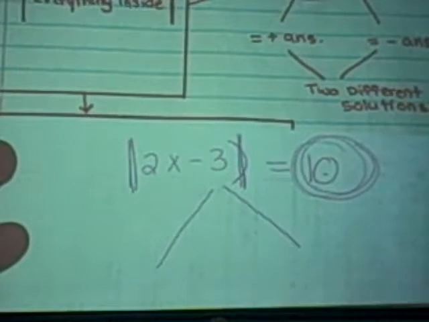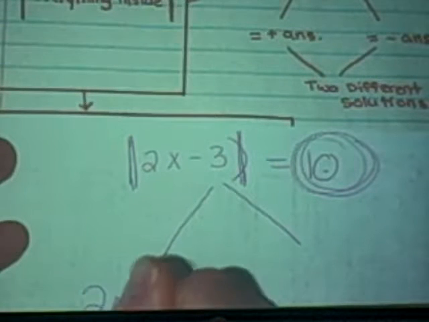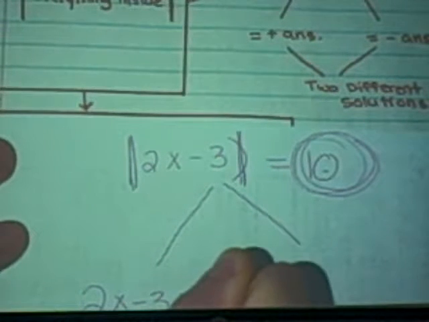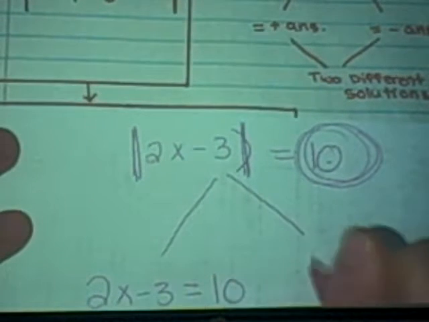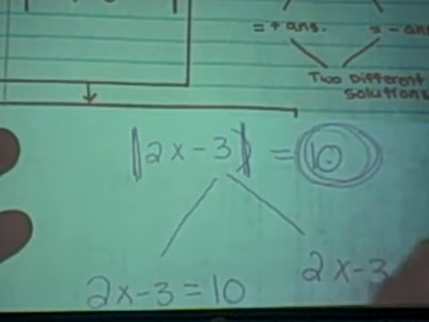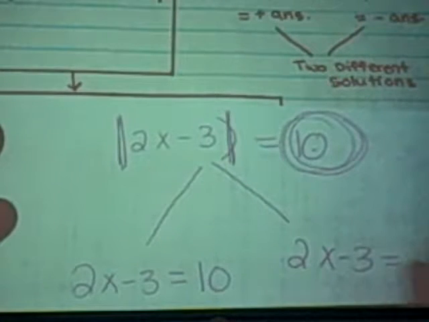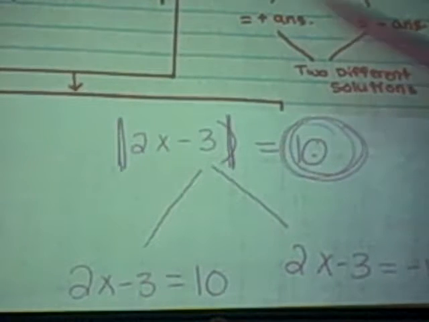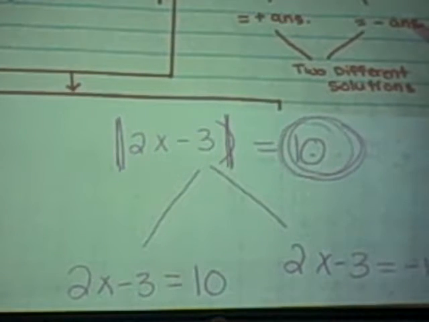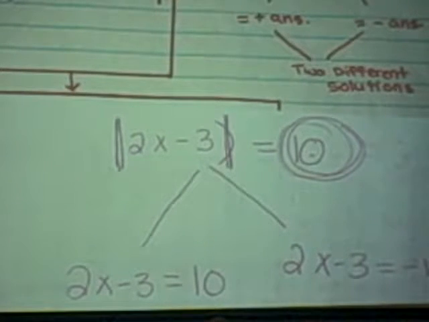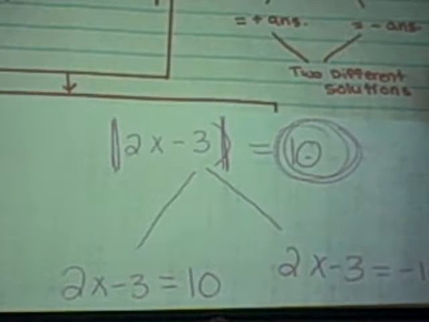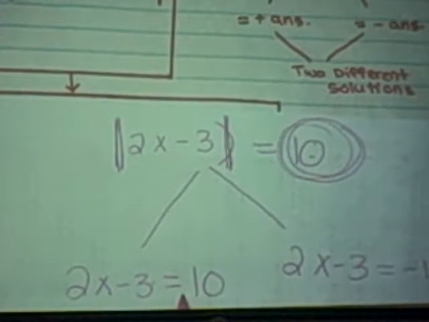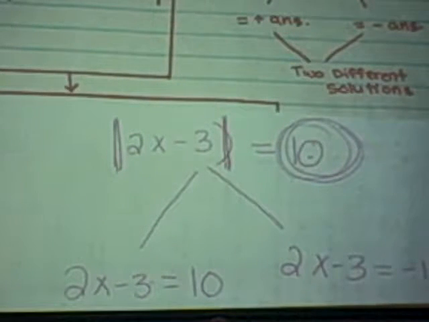So I would rewrite this as 2x minus 3 equals 10, and this one as 2x minus 3 equals negative 10. Do you see how that shows? Here's my positive, here's the negative. You solve each of these separately, and you get 2 very different solutions. Okay?